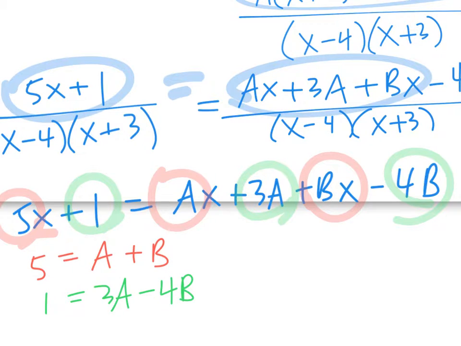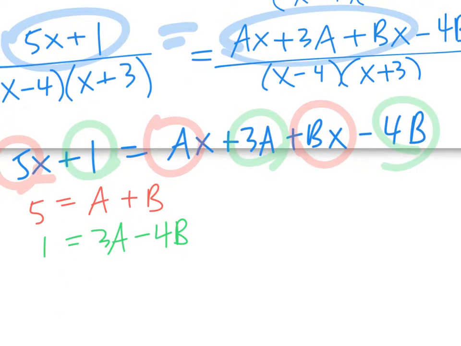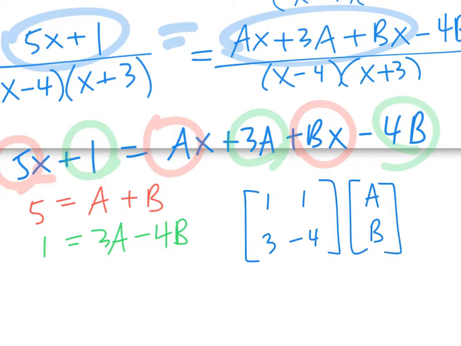All right, how do we solve a and b? Just solve it. You can use system of equations, so elimination or substitution, but you can also use matrix, right? So we can write this as [1, 1; 3, negative 4] times [a; b] is equal to [5; 1].